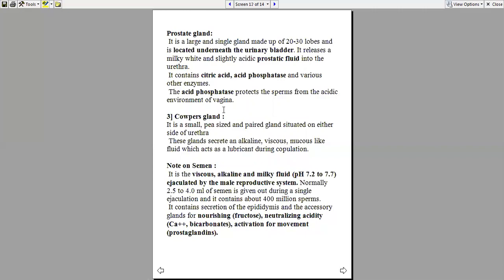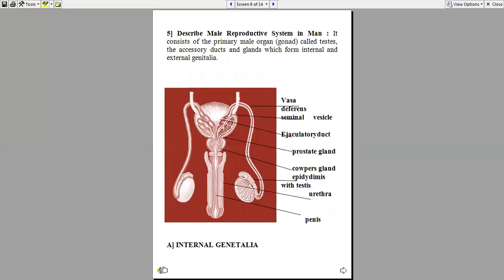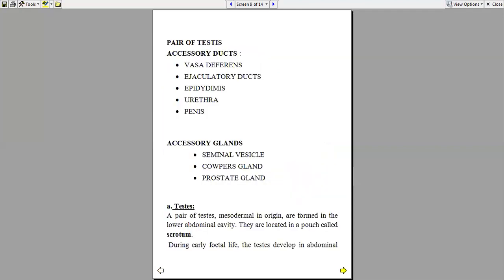The third gland here is Cowper's gland. Its position, as you can see, is on either side of the urethra. It is present in a pair.